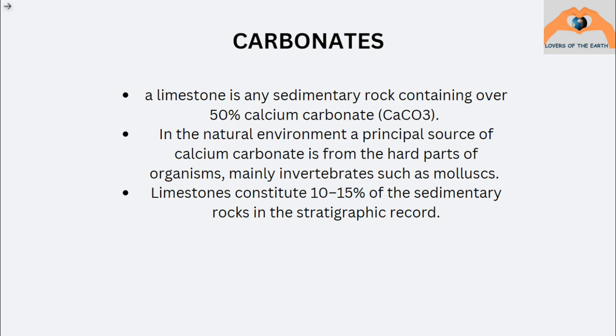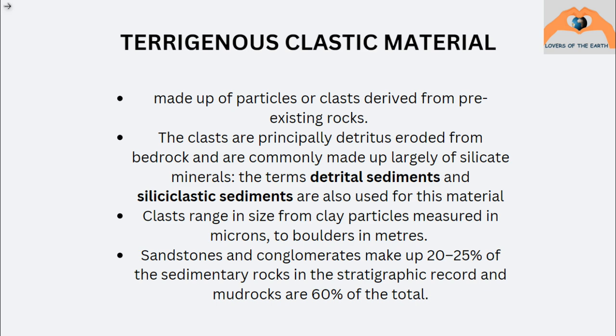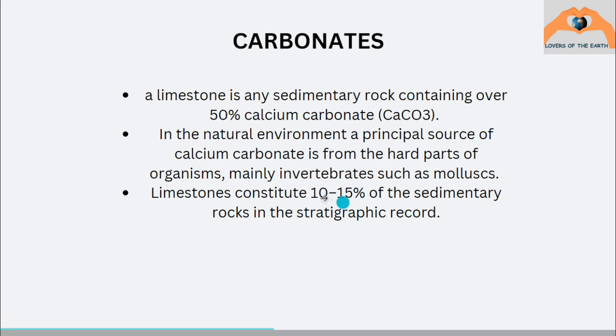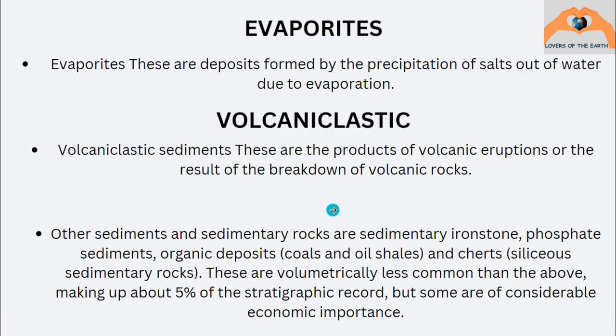This shell is made up of calcium carbonate, and this calcium carbonate helps us to get the limestone, which is a sedimentary rock with 50% calcium carbonate. And limestones basically constitute 10 to 15% of the sedimentary rocks. Earlier, sandstone and conglomerates were making about 20 to 25% and mud rock 60%. Next, we have limestone which makes 10 to 15% of the sedimentary rocks.